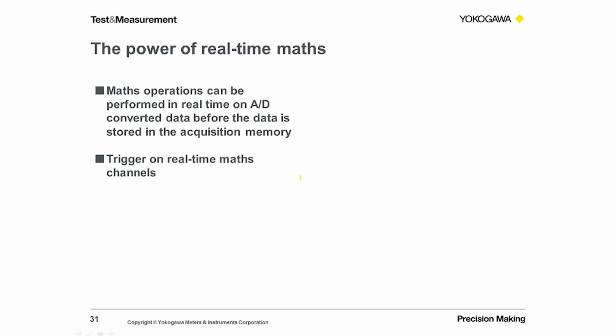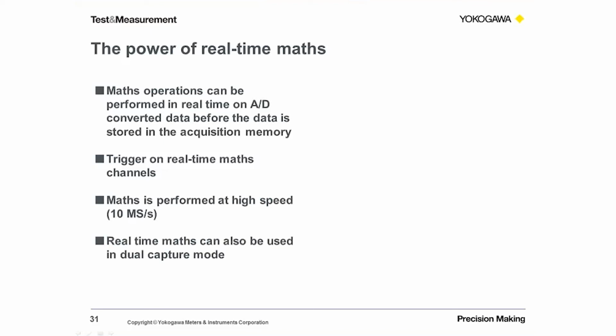So I'm not going to spend a lot of time going through the different types of real-time maths, but I just want to give you a flavor of the extent of the ability to do this, and I will just use a couple of these as examples to give you an idea of the capabilities. So we've got differentiation, integration, we can do rotary measurements on encoders, for instance, we can do digital to analog conversions, we do polynomials, we can do real-time RMS using maths if you're not using an RMS module in order to do RMS calculations on waveforms.